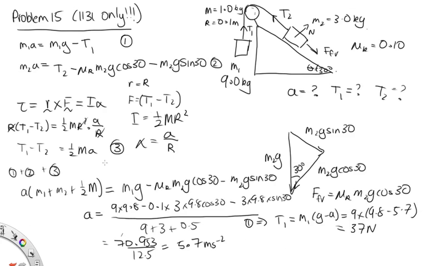To solve for T2, it's easiest to use equation 3. So T2 is equal to T1 minus a half ma. T1 is 37, m is 1, and a is 5.7. Substituting that into the calculator, we end up with 34 newtons. So that's the answer to this problem.